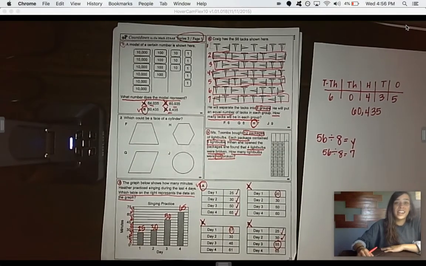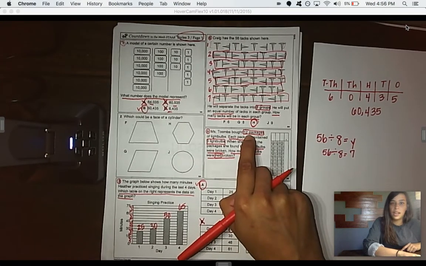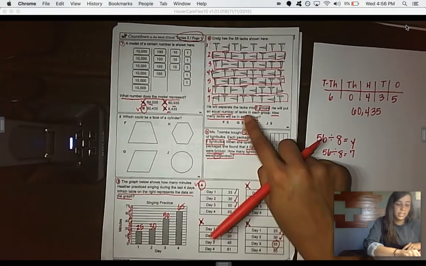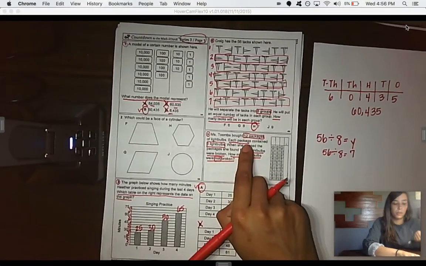To find how many light bulbs were not broken, we need to find how many light bulbs Miss Toombs started with. We know she had 12 packages, and in each package there were 6 light bulbs. Again, just like we talked about on question number 4, anytime it says each package had the same number, we know we either need to multiply or divide.